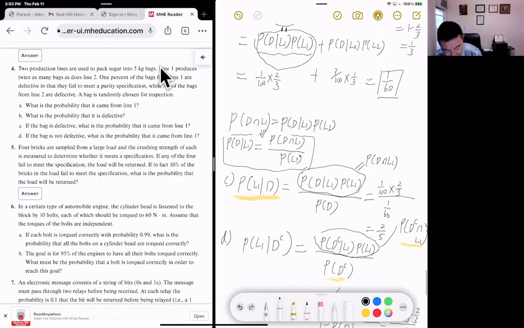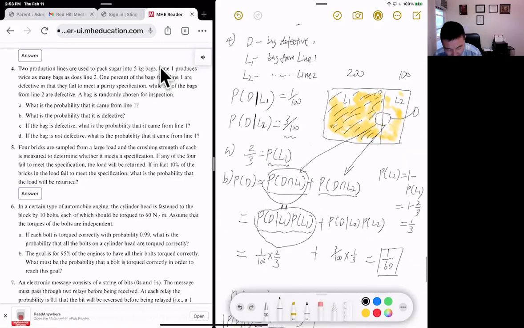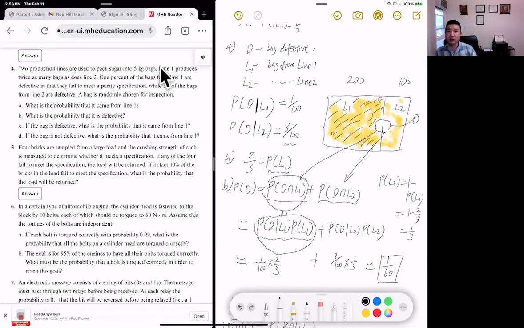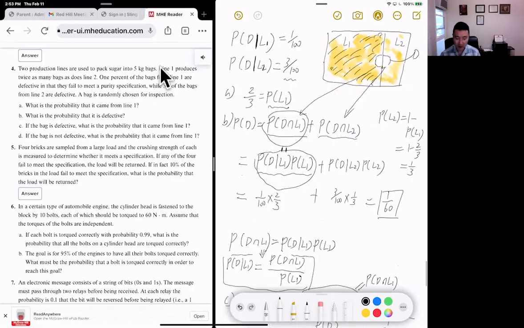So this question shows us how to use conditional probability to figure out the answer. If you feel like you use a Venn diagram to help you understand, that is fine. If you are very comfortable using the equation for conditional probability, that's okay too.